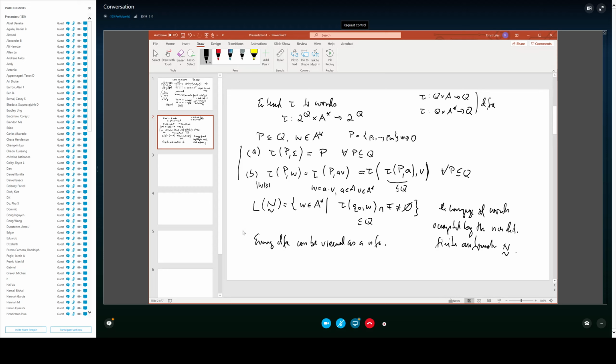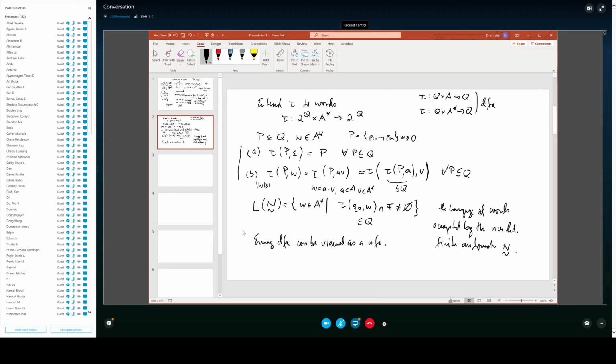Correct. As long as you find one path, that's good enough. If you have 100,000 or only one, it makes no difference as far as the acceptance is concerned. Okay, so in that case, I think I follow now. Okay?